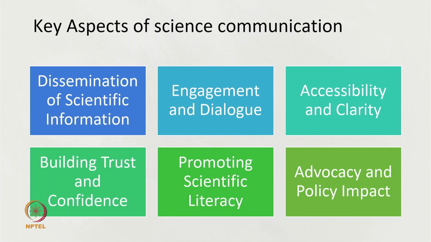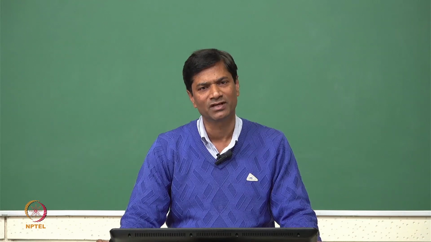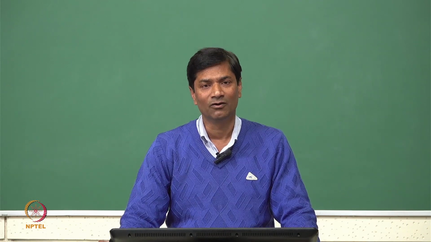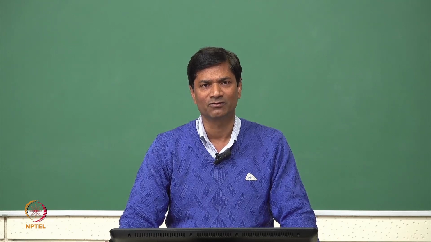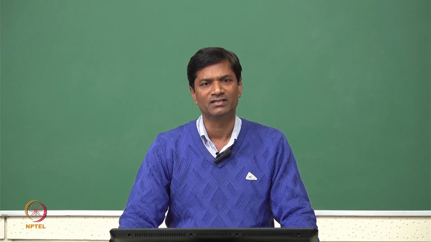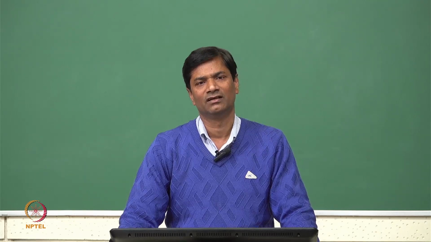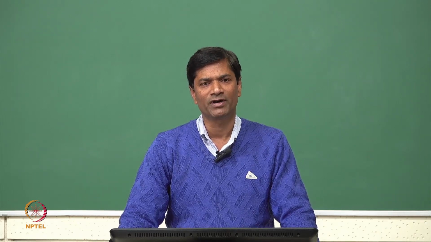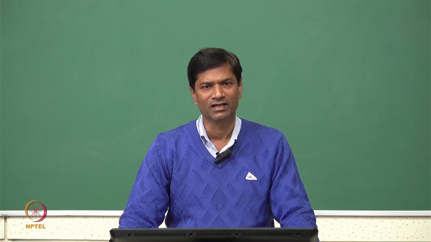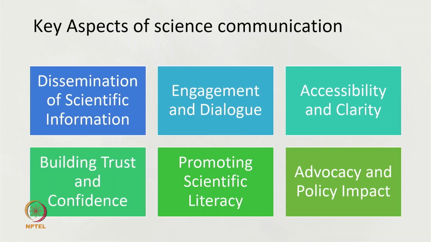Now, what are the different key aspects of science communication? We have already seen what science communication is, how it is important, how science is multifaceted, and how there are different stakeholders in science communication. Now, the question comes, what are the key aspects? One of the most important aspects of science communication is disseminating scientific knowledge.